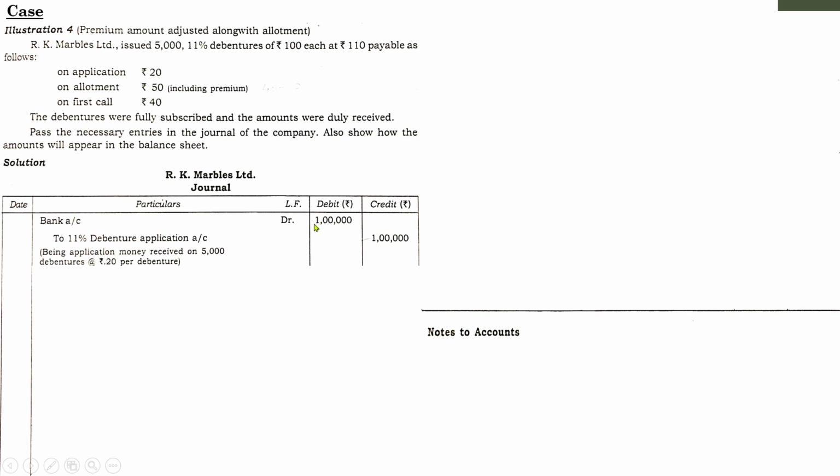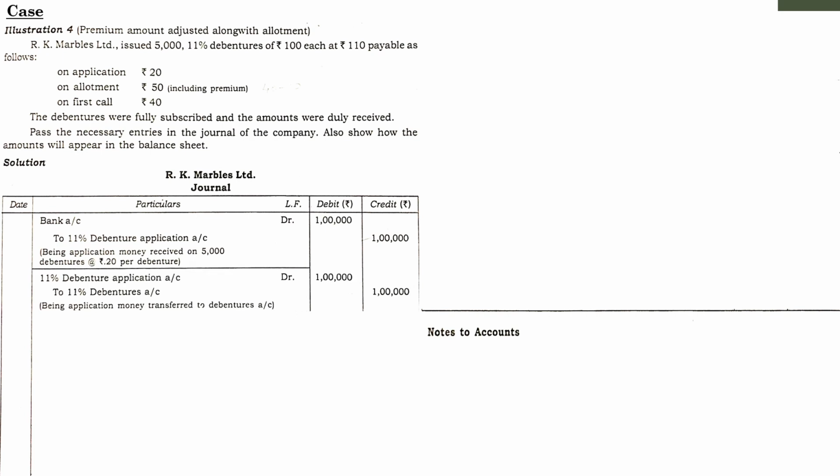Being the application money received on 5,000 debentures at rupees 20 per debenture. Next is the due entry. 11% debenture application account debtor to 11% debentures account. There is no adjustment with regard to application, so the amount will also be the same, being application money transferred to the debentures account.